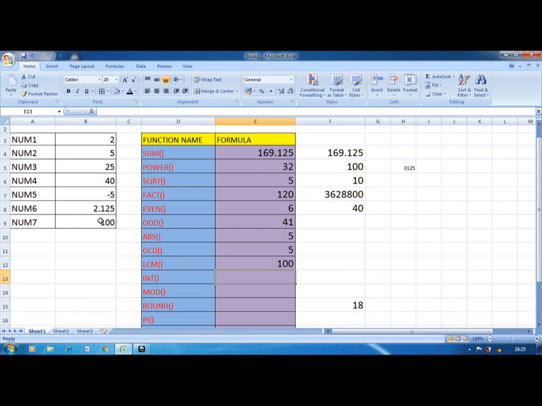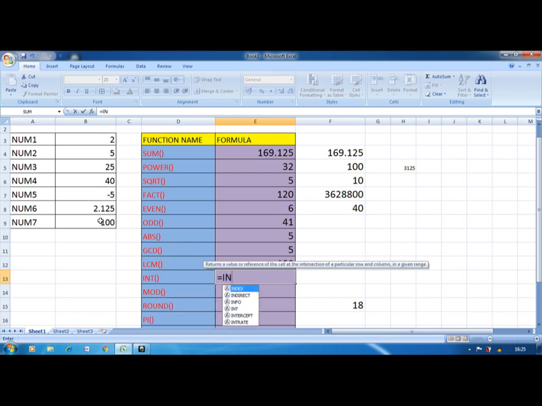Next one is INT. This function is used to find the integer part. If I use this number 2.125, this number consists of two parts.